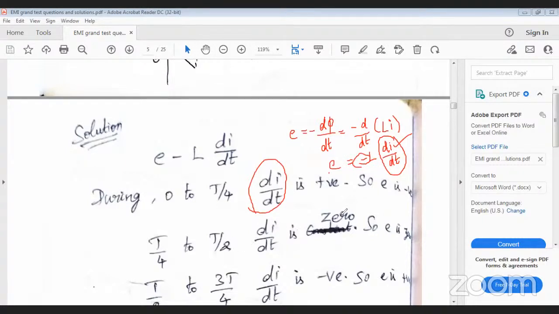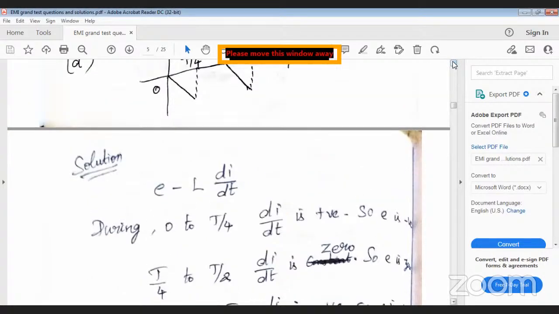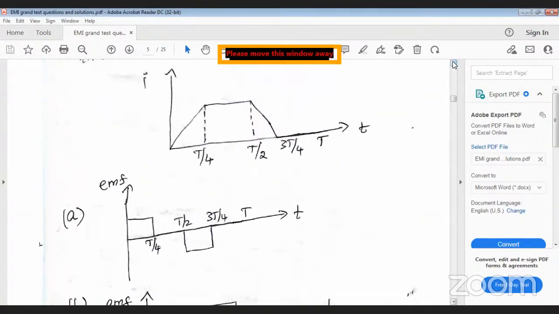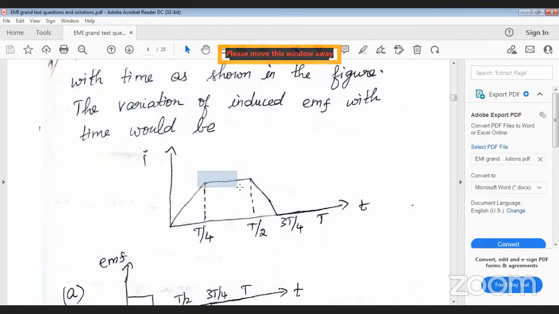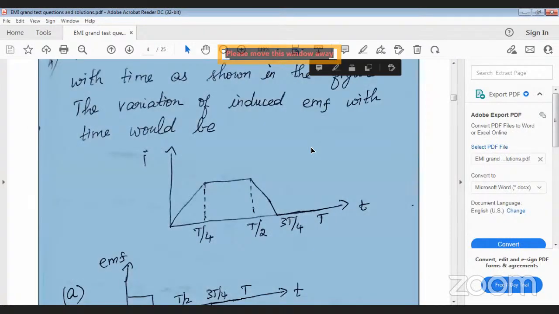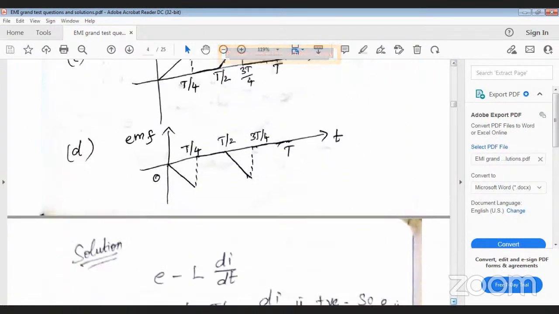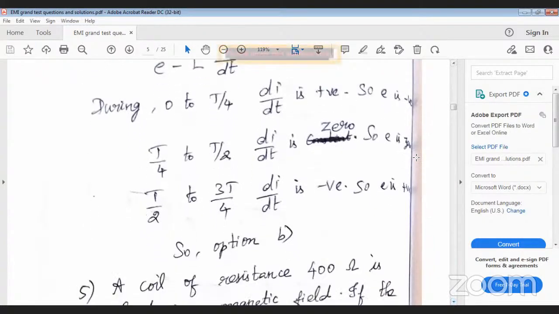That's because here you can see the current is maintained at a constant value. That means di by dt equal to 0 for this region from T by 4 to T by 2. So di by dt is 0, and your EMF will also be equal to 0.